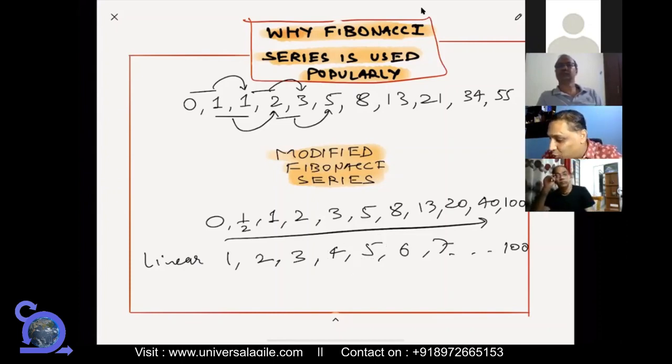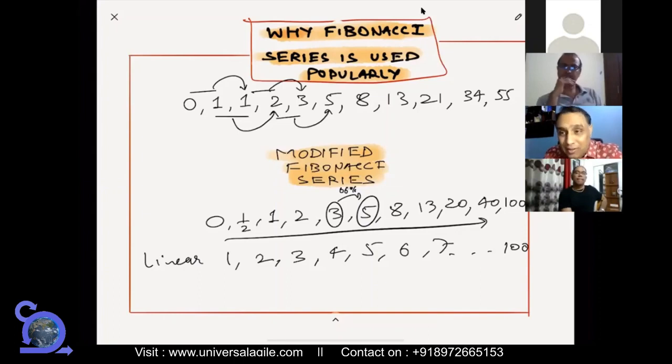But if they have to choose between 3 and 5 now, then what will happen? It's a 66% increase in estimate, isn't it? Now, do you think people have to give a good enough rationale for why there is an increase of 66%? Are you getting it? So to make people rational, you use the Fibonacci series. Clear to everybody? All right. So that's why we use the Fibonacci series.